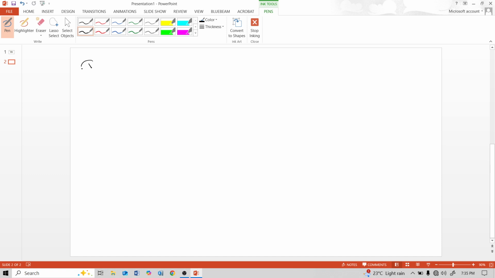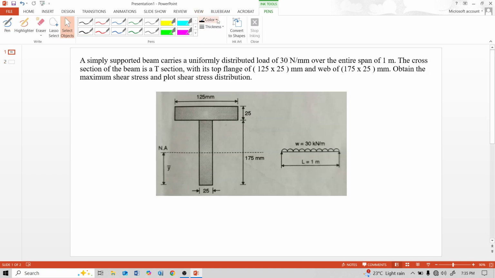First step is to find the position of the neutral axis, Y bar. Let us consider this web portion as 1 and this flange portion as 2.